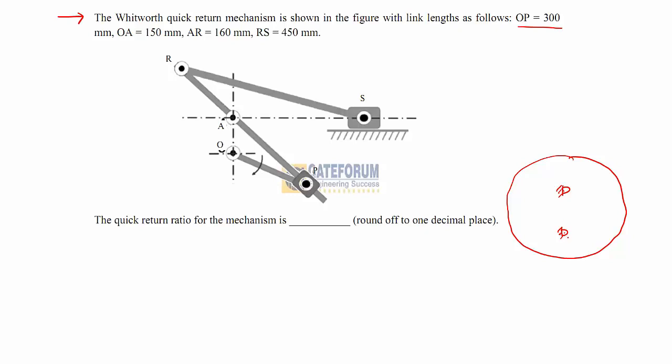This is OA, and this is P on the right hand side. Let us mark this position as P2 and this as P1.